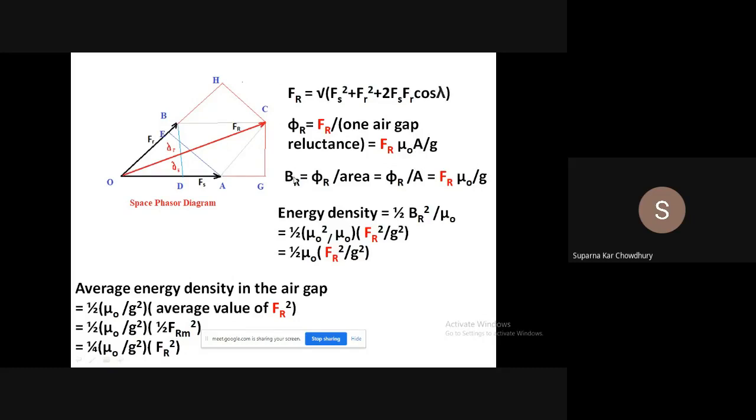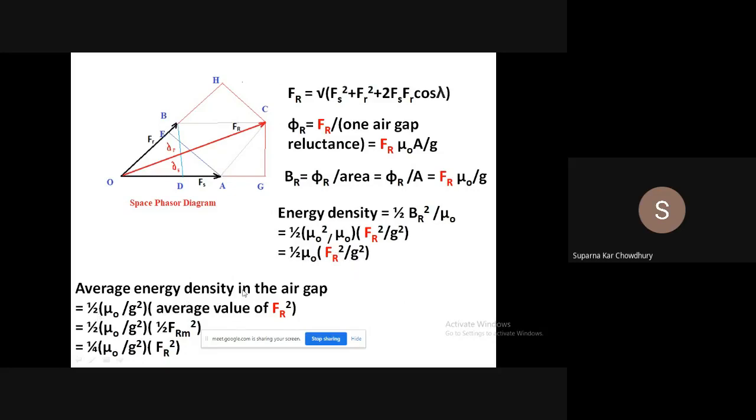Now Br, the flux density, will be phi r divided by the area A. So from this equation, Br, the resultant flux density, will be FR mu 0 by G. Now energy density is half Br square by mu 0, that comes from the BH curve. So if we replace this, this will be half mu 0 square by mu 0 FR square by G square, so half mu 0 FR square by G square.